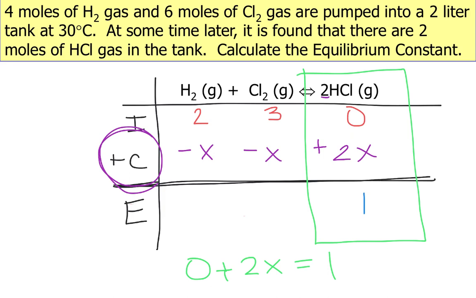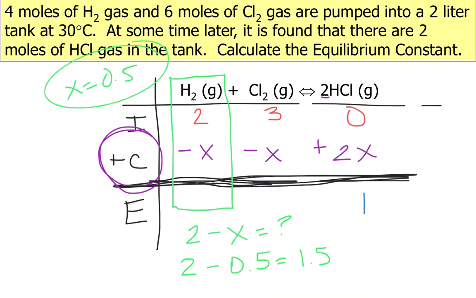Now we can use the one thing that we have an entire completed column for, our products, to set this up like an algebraic formula. 0 plus 2x equals 1. And then, of course, solving for x gives us 0.5. Now that we know what x is, we can use that to find our other equilibriums by plugging in 0.5 for x.